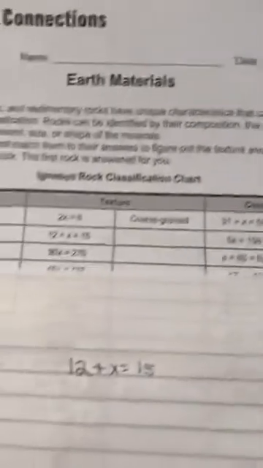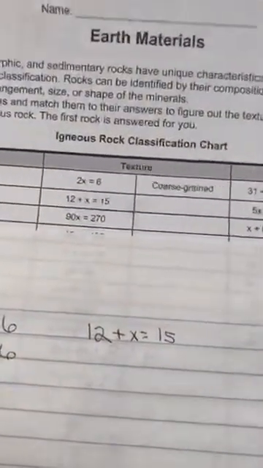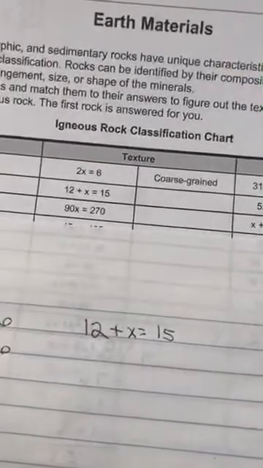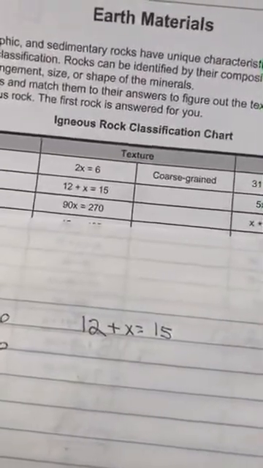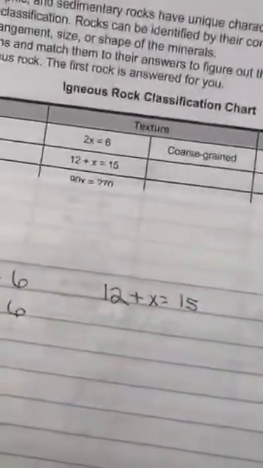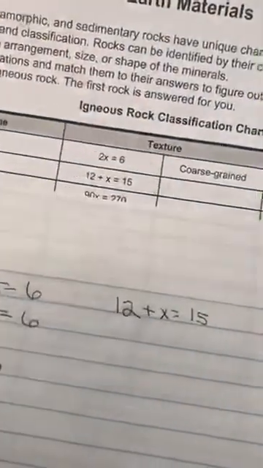It is 12 plus x equals 15. So the question is, what do I have to add to 12 to get the answer 15?